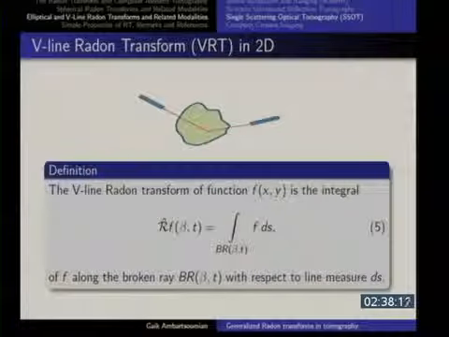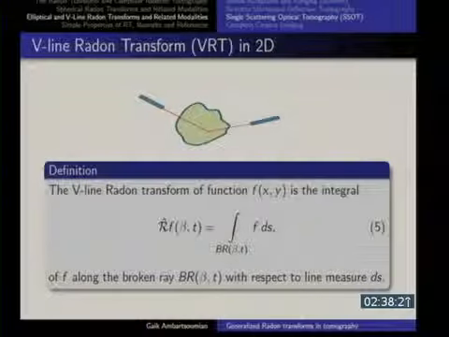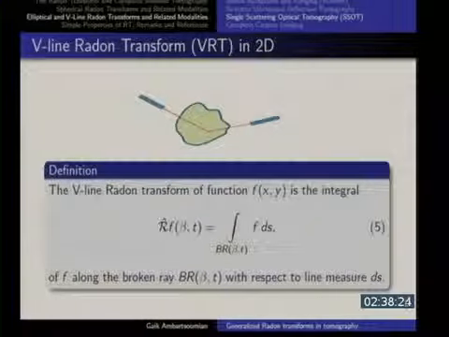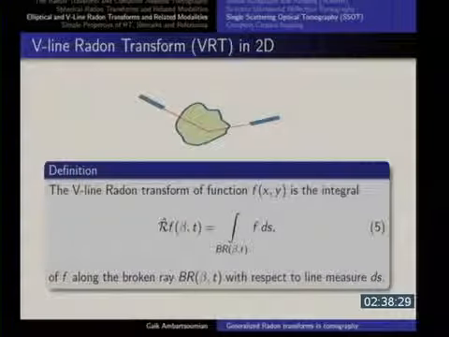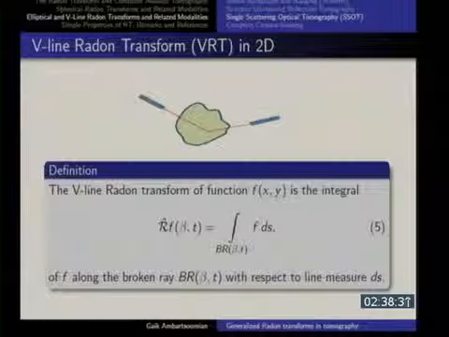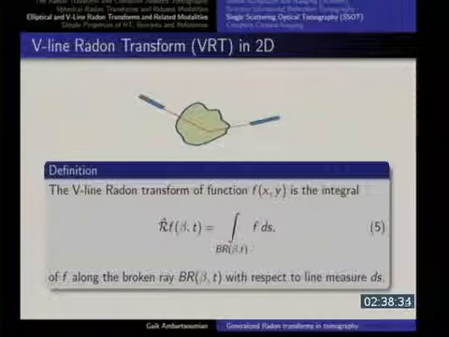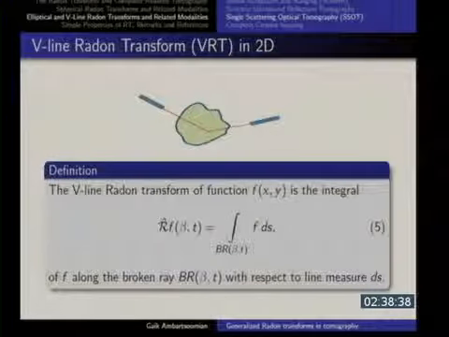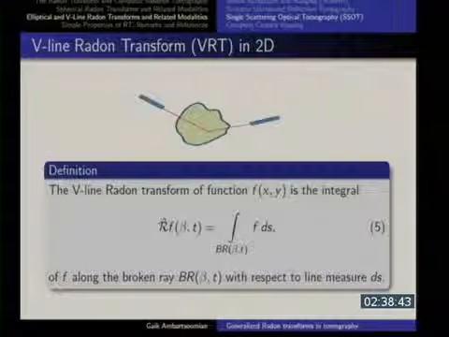That brings us to the definition of what some people call the broken ray Radon transform, and some people call the V-line Radon transform. I like V-line more because it looks like a letter V. The broken ray also stands for multiple breaking, so this one is a little bit more rigorous. The V-line Radon transform takes a function of two variables, in the plane, and puts into correspondence its integrals along broken rays, breaking once.